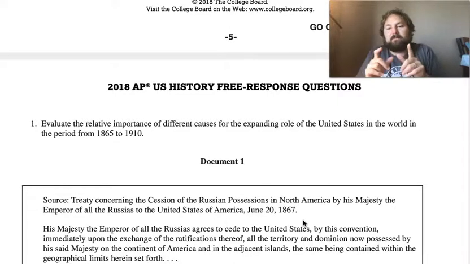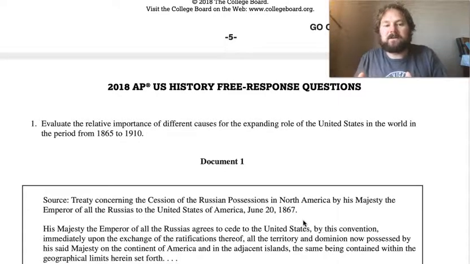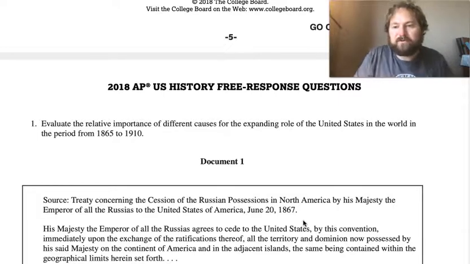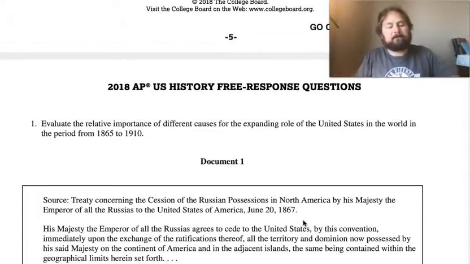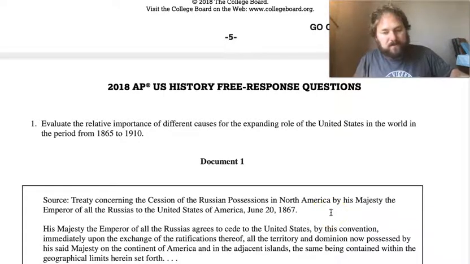And so if you were to get this question on your AP exam, I would immediately go to those charts that you guys have worked on for me. The years might not be exactly the same, but I would go to the ones that have to do with the Civil War era to the early 20th century, and go to that section that says America and the world, because that's really what we're doing, right?